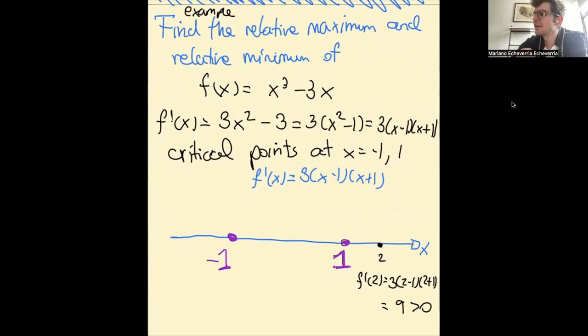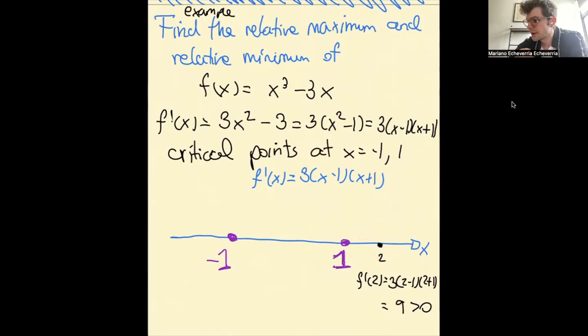And there was nothing special about 2. If you had chosen any number bigger than 1 and plugged it in this formula, you would have found a positive value. So to check it, it suffices to choose one test value, and the sign you get is the same sign everywhere else in that region. Is that making sense?